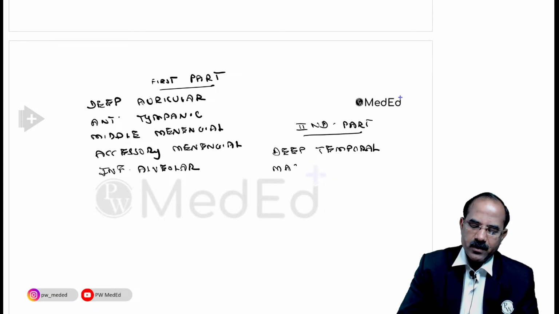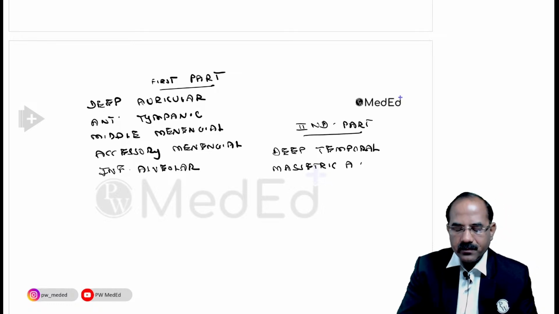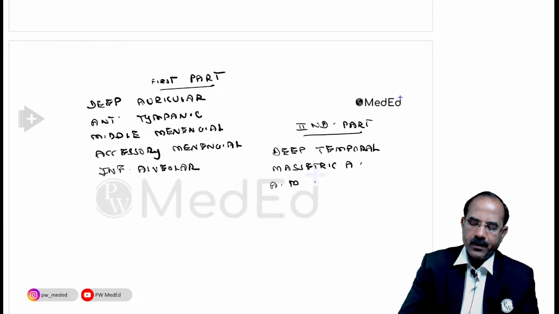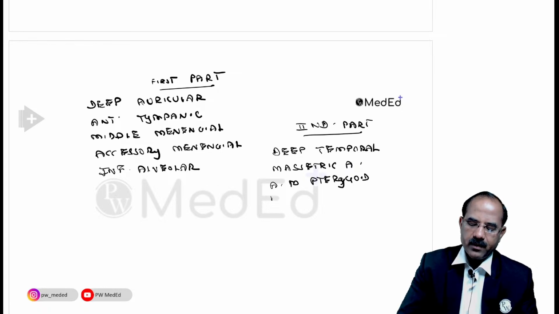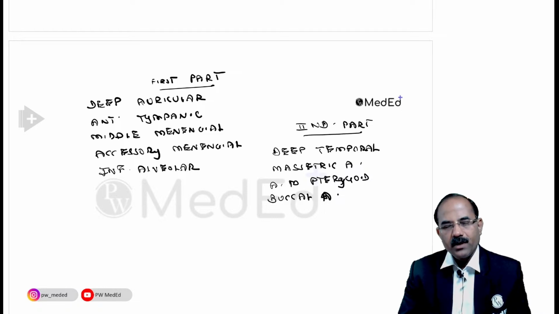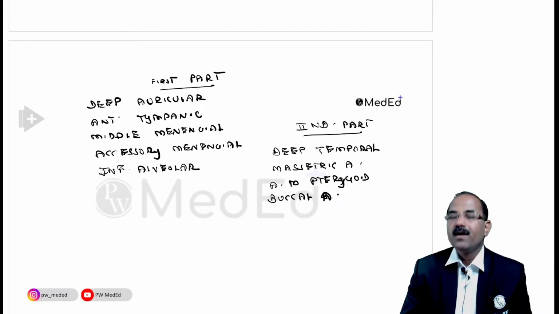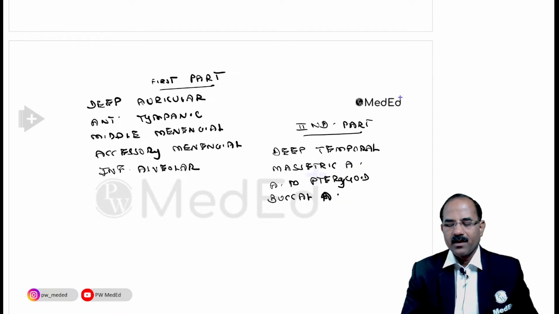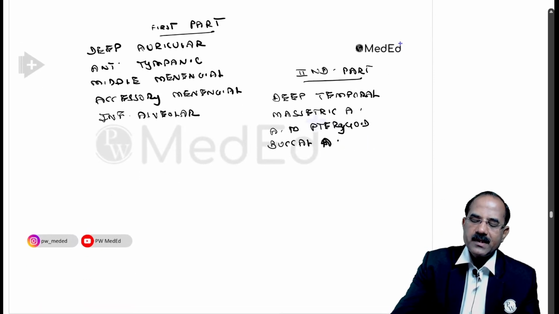Masseter, so the artery is the masseteric artery. Artery to the pterygoid. And the last one is the buccal artery. Okay? So deep temporal, masseteric artery, artery to the pterygoids, and the buccal artery. Those are the branches from the second part.